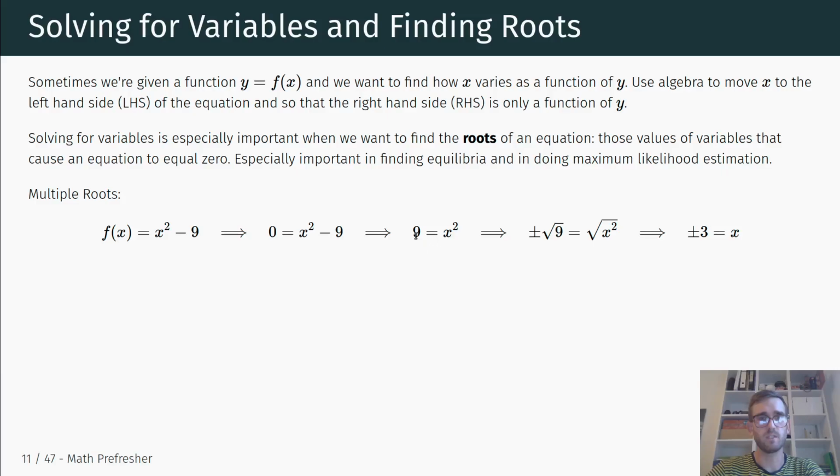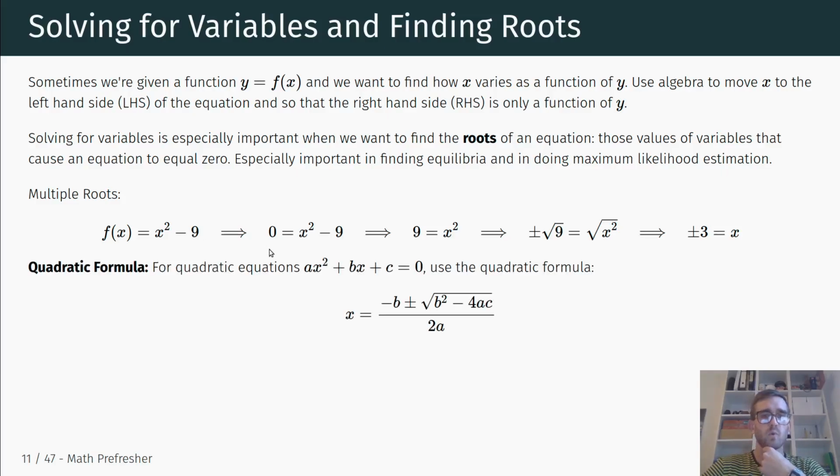Then we have 9 is equal to x squared, and then we take the square root, and so we know that x is plus or minus 3. So x squared minus 9 has a root at plus 3, and x equals minus 3. Okay.